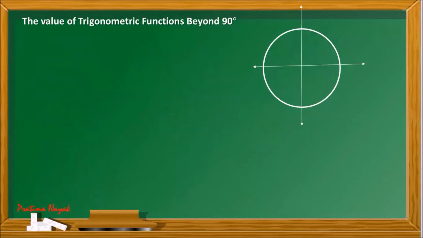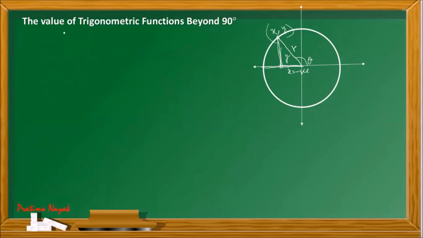Next I'll come to the second quadrant. When this P is in the second quadrant, if this is your theta angle, then it is x, y. Then you will see that here x is negative because I am in the second quadrant. X is negative, R is always positive and y is positive here.